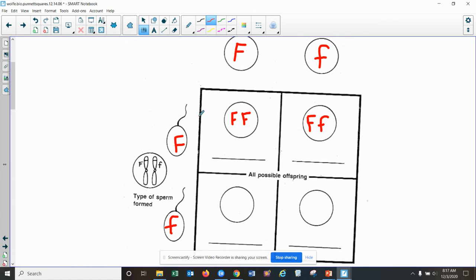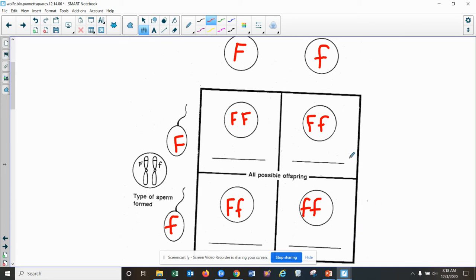If this sperm down here fertilizes that egg, you're going to get a heterozygous child. And then if this sperm fertilizes that egg, you're going to get a homozygous recessive child, where both alleles are recessive, right? So there you go.